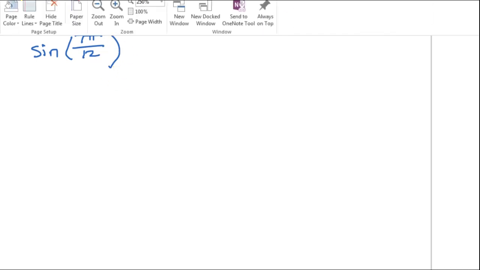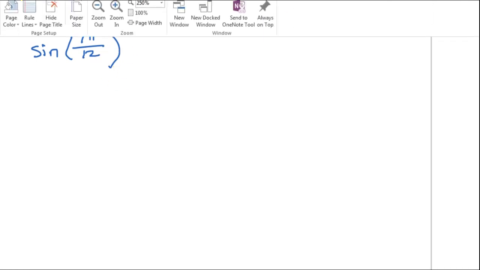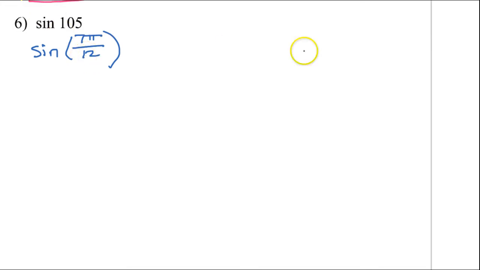Now I need to split this apart into special angles. So I'm going to try my subtraction method once again. If I have 7 pi over 12, I'm going to try subtracting pi over 4, because that's worked for me very well so far. What will I get? In order to do this, I need like denominators, so I would need to multiply the numerator and denominator by 3.